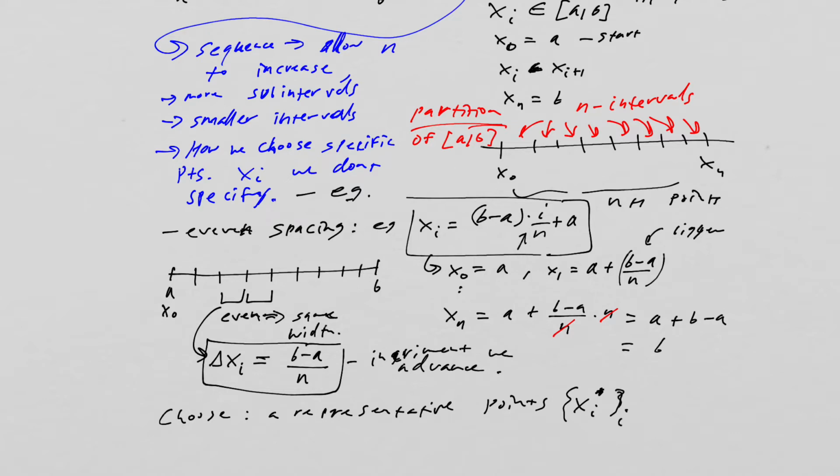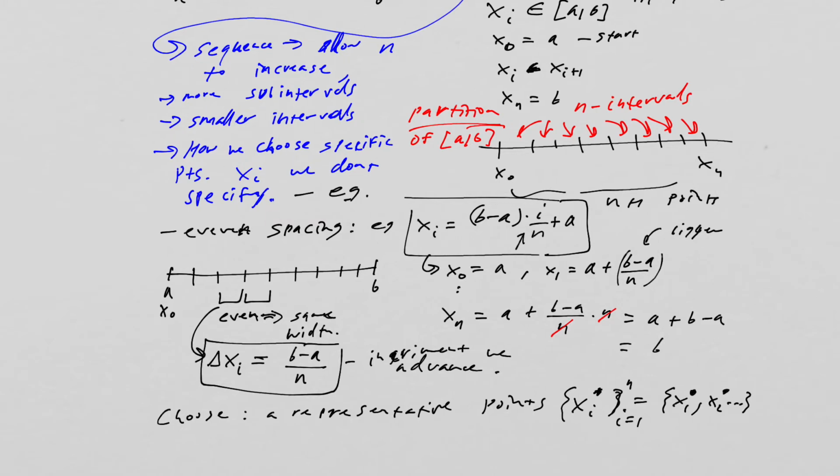The set is going to be i from 1 to n, so there's n of them: x1 star, x2 star, and so on. These representative points are basically just points in each subinterval of the partition.